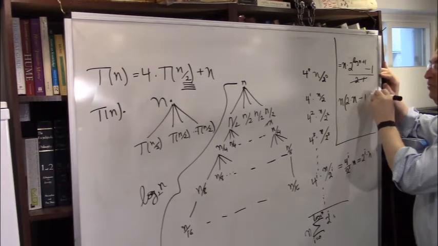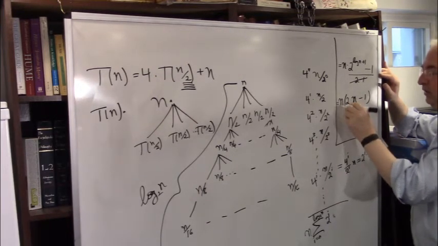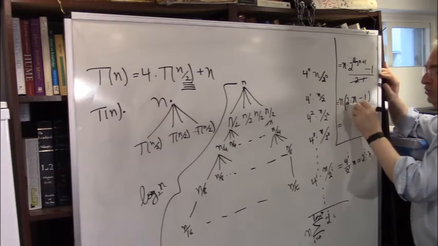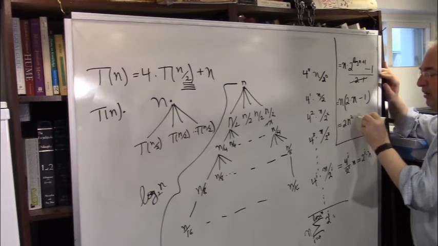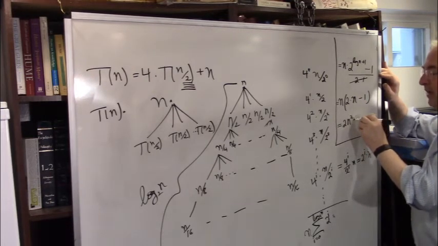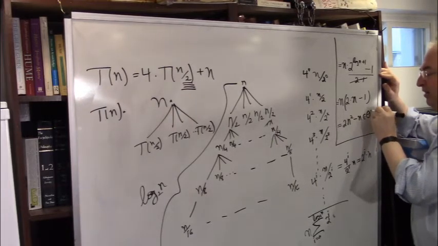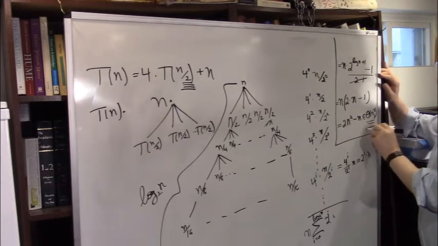Don't forget the minus 1 here. And so this is equal to 2 times n, which is 2n squared, minus n. So this is a member of theta of n squared. That's it, it's n squared.